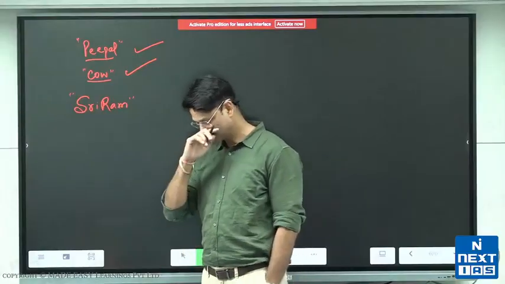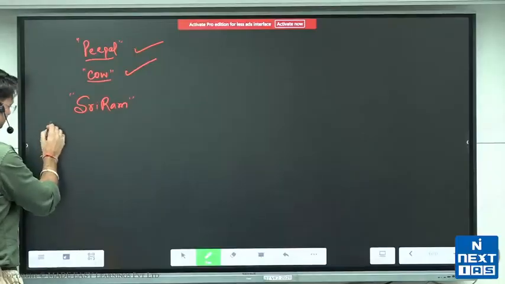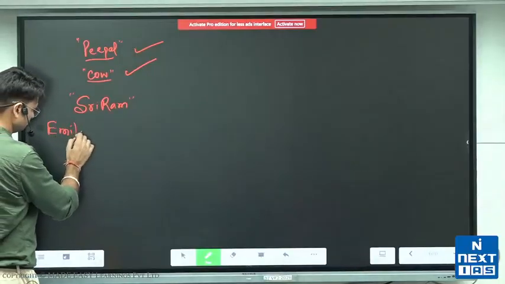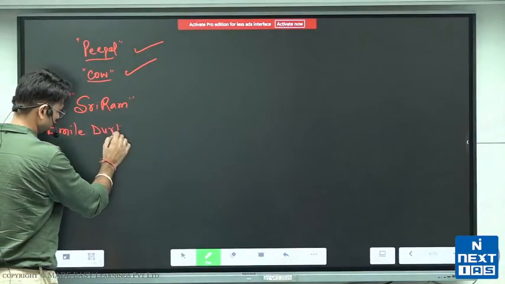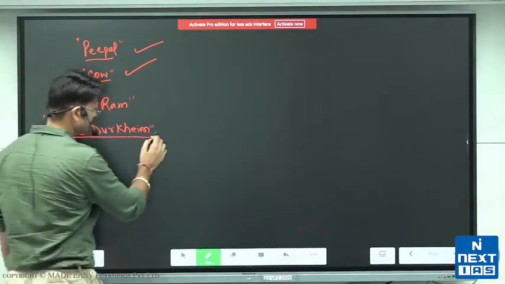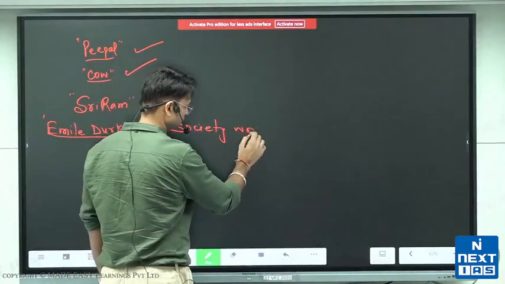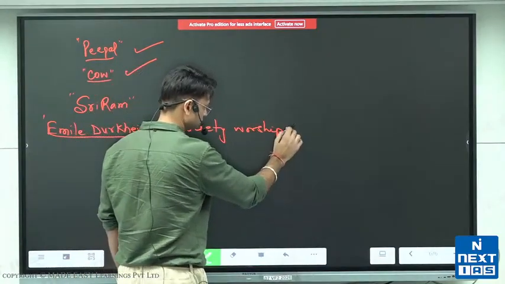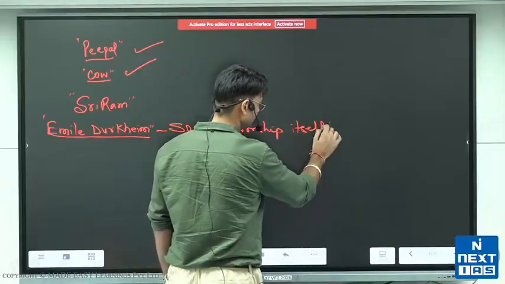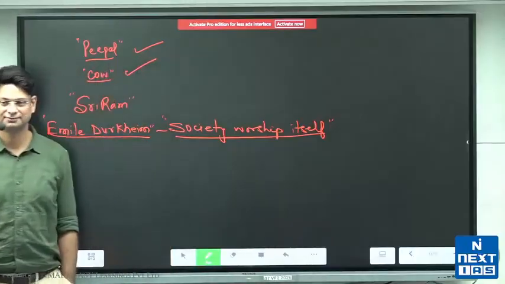Okay, there's a scholar called Emil Durkheim. He says society worships itself. What does society do? Society worships itself.